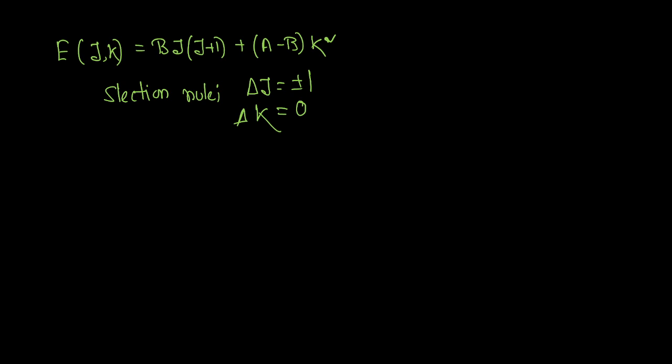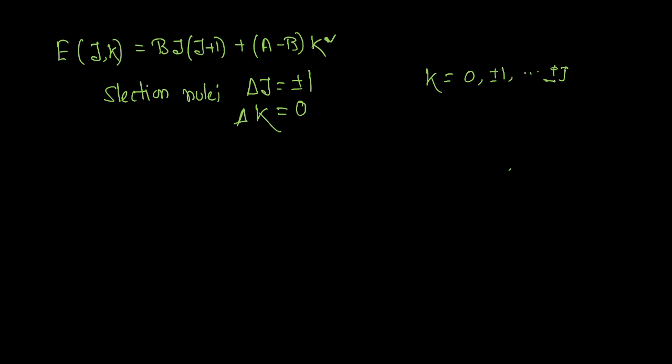Now, the K value here is 0 to plus minus J. So K will contribute to pure rotational spectra, because each K has an effect on the energy levels. So K has a contribution to line spacing.